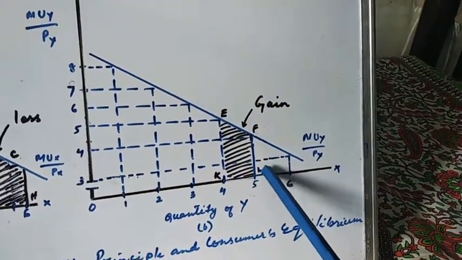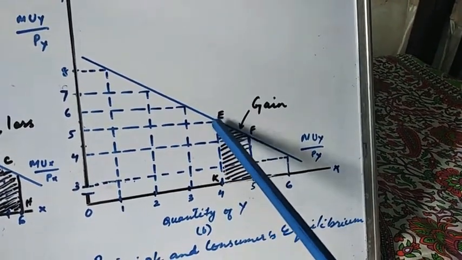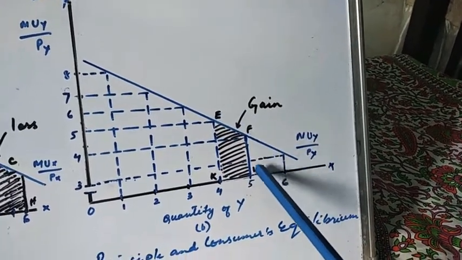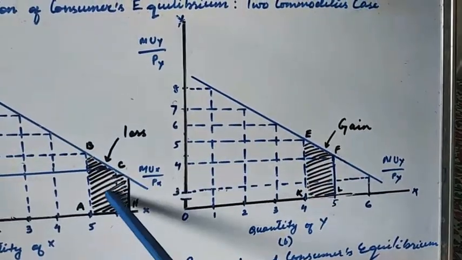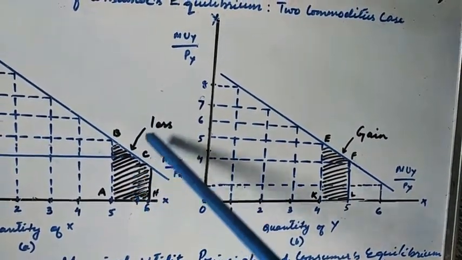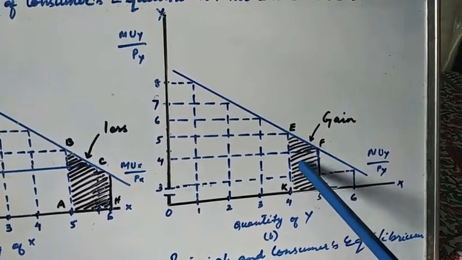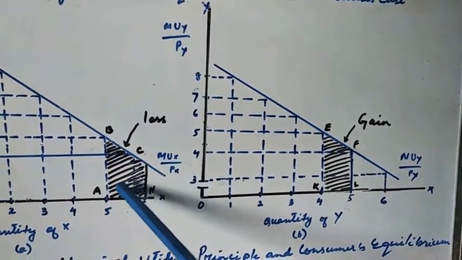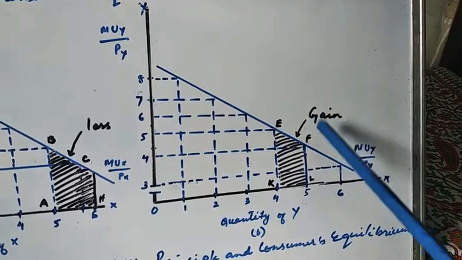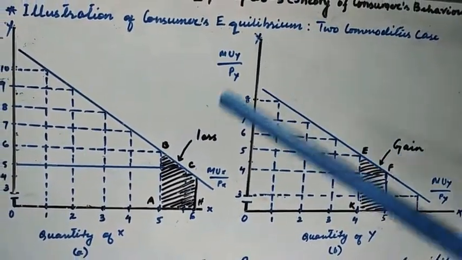So the total gain that he gets is equal to KEFL. When we compare this loss and gain, that is the shaded parts, we can see that the shaded area of the loss is bigger than the amount of utility that he gains. So the loss, ABCH, is greater than KEFL. So the loss is greater when he is rearranging his purchase.